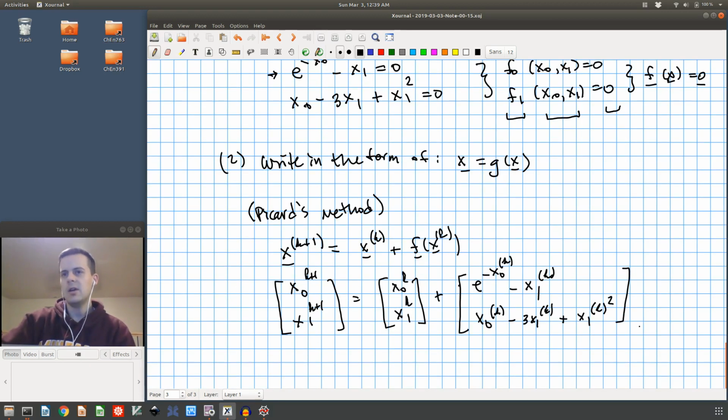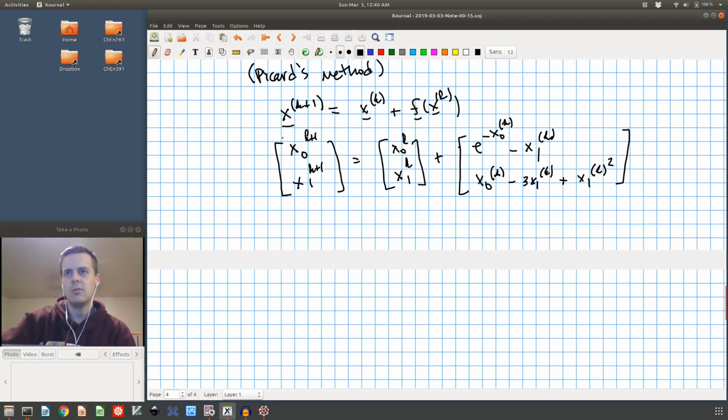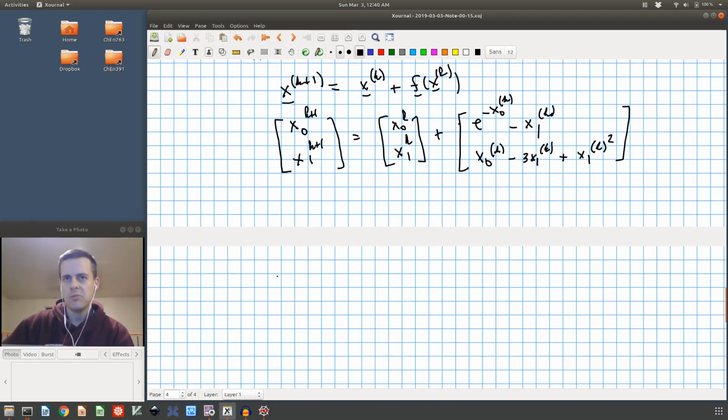Okay, well now I need to add a new page. So now I can rewrite this as two equations. x0 at k plus 1 is equal to x0 at k plus e to the minus x0 at k minus x1 at k.